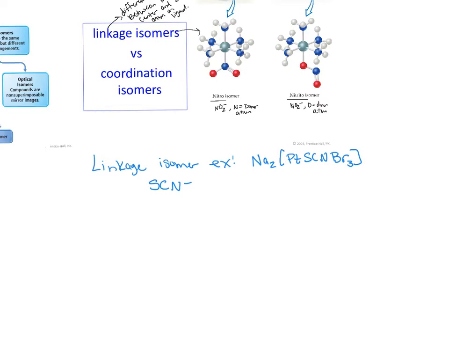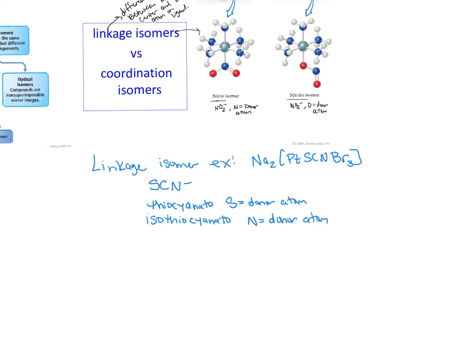I know I name this thiocyanato if S is the donor atom, or isothiocyanato if I have N as the donor atom. So let's draw both of these linkage isomers.